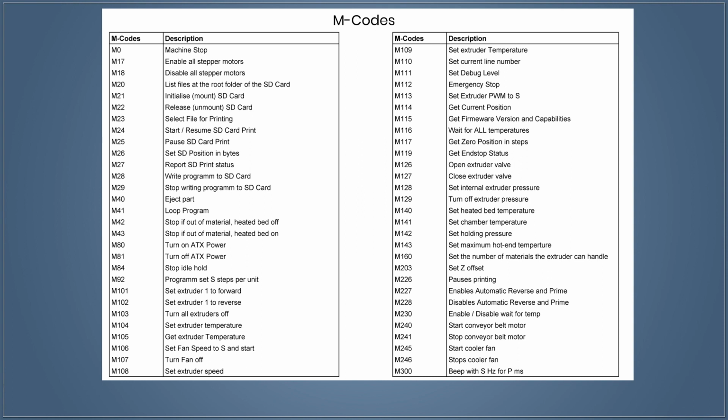So as you can see, there are lots of M codes available to us, and they are very different to what we might see on a CNC machine. For example, we can mount and unmount our SD card with M codes. That's how much control we have with them. So if you're a CNC machinist looking to get into 3D printing, this is what we need to get used to, having a totally different set of M codes to work from.